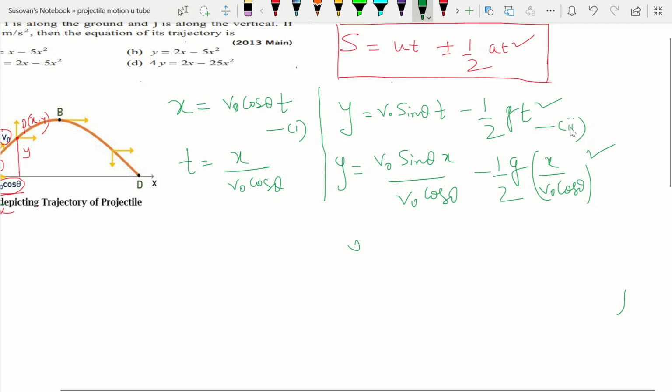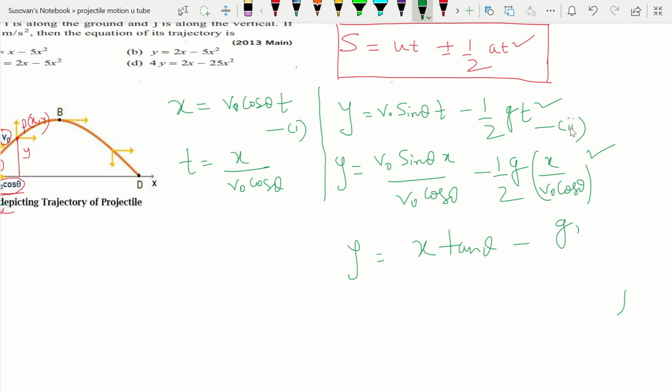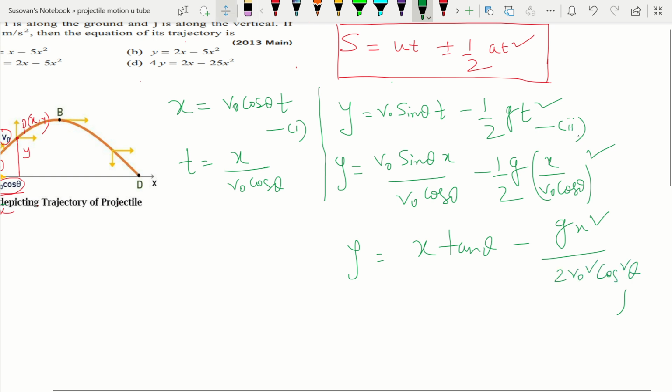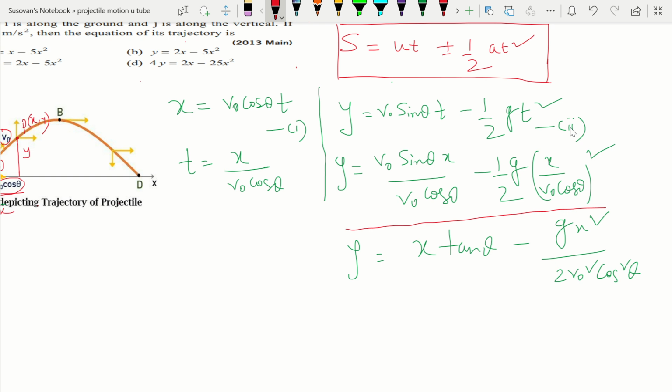So y will become x tan theta minus g x square by 2 v0 square cos square theta. So this is the equation of the trajectory of a projectile motion.